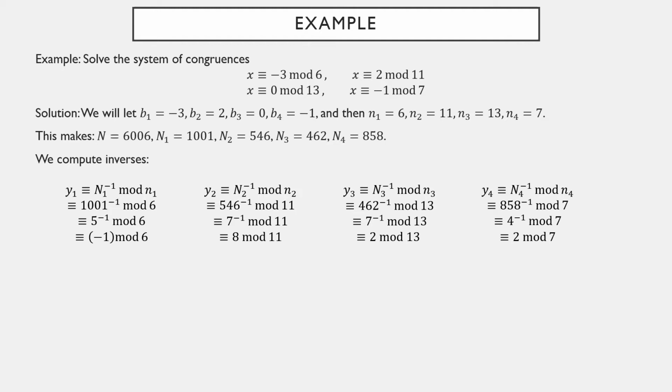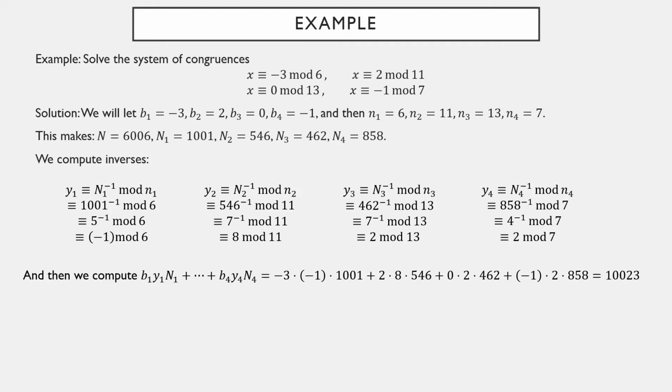So now that we've computed our inverses of the capital N's mod the little n's, we simply compute this sum of b_i, capital N_i, y_i for all terms and add that together. So our b's were declared at the beginning, -3, 2, 0, -1. We've computed our y's, and we're just going to go ahead and pick -1, 8, 2, and 2. Now, y1 can be anything equivalent to -1 modulo 6. So I picked -1 here, but I could have picked any integer equivalent to -1 mod 6.